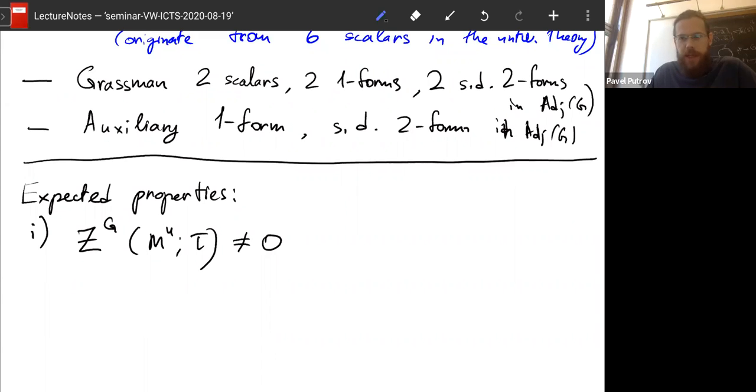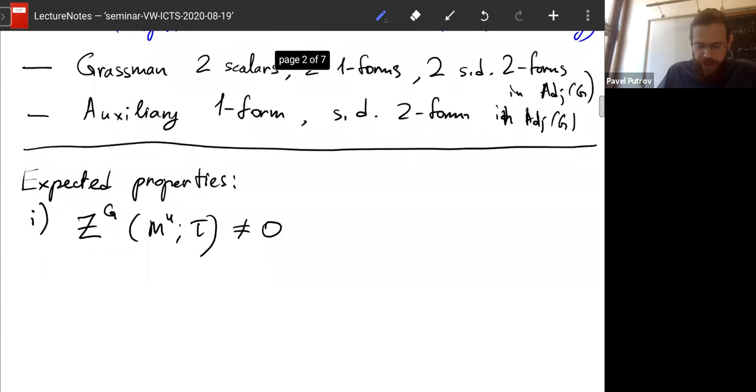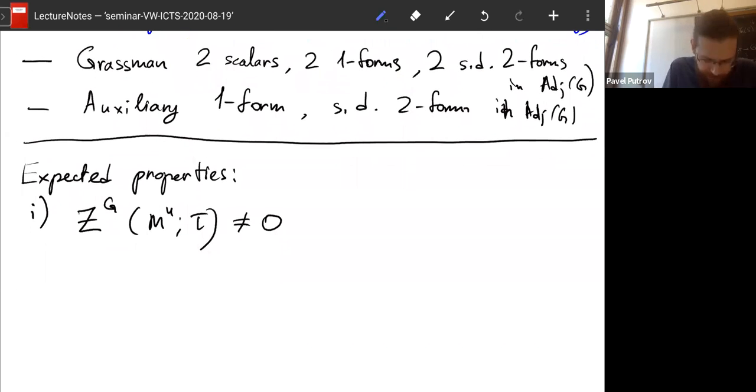This is actually non-trivial because in many cases, after one twists the theory and considers the partition function, it is actually zero because of the ghost number anomaly. But in this case, the ghost number anomaly is zero, and the partition function itself is non-zero, so it's a non-trivial quantity itself. So one doesn't need to do any insertions, as, for example, in Vafa-Witten theory, which is obtained by twisting N=4 super Yang-Mills theory to get something non-trivial. Just the partition function itself is a non-trivial quantity to consider.